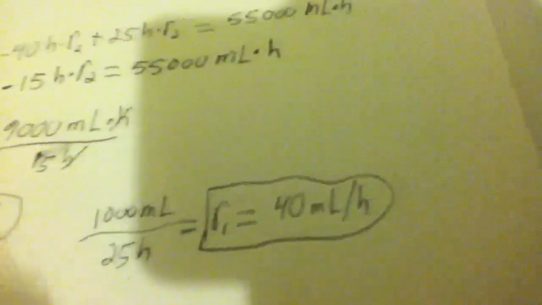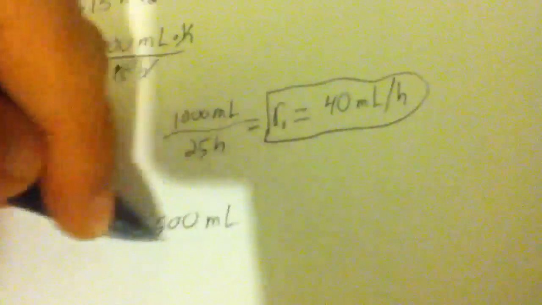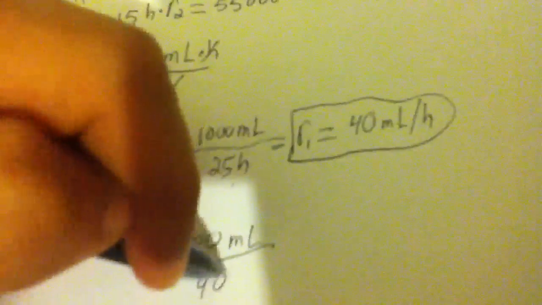Now we just have to find the rate for the second storm. So we're going to plug in the 600 into the main equation again. Right there. Well, into this part we isolate there. We just need that part for storm 2. So it's 600 milliliters divided by 40 hours.